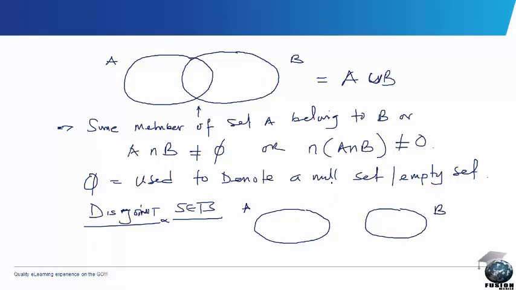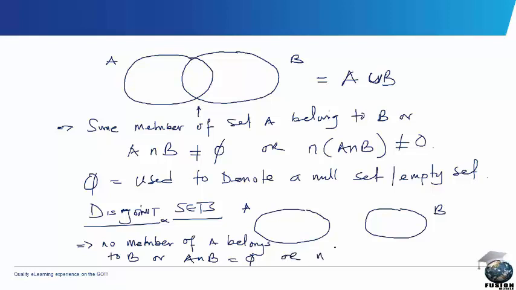This implies that no member of set A belongs to B. Or we can say that A intersection B is equal to a null set, or it can as well be written as A intersection B equal to 0.